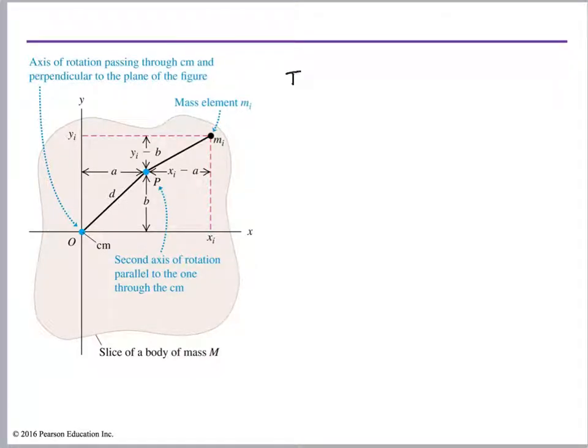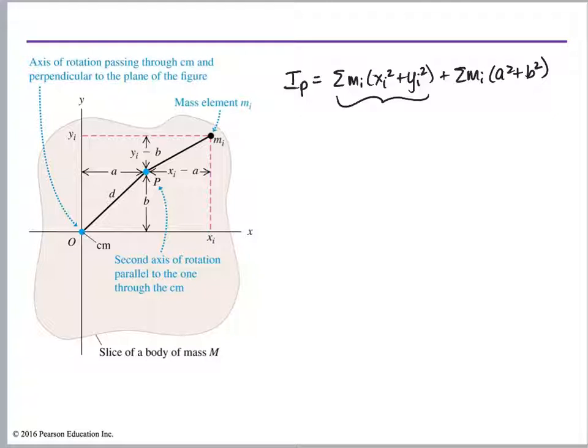So what we have so far is I sub P is the sum of m sub i times x sub i squared plus y sub i squared, and then the sum of m sub i times a squared plus b squared. That's where we've got so far.